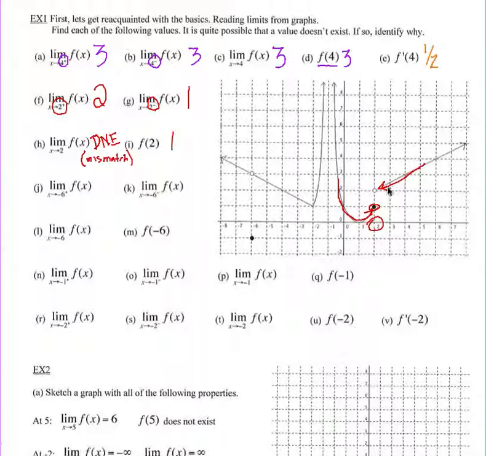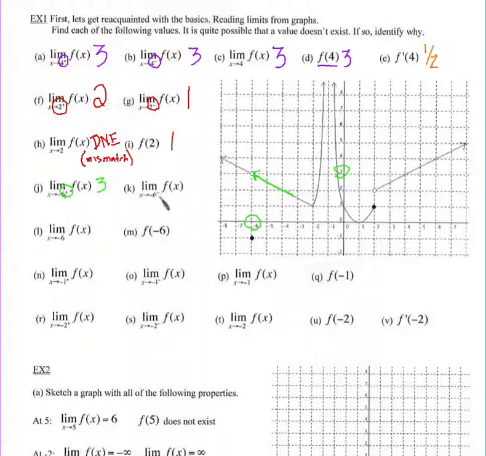Right? Next set of limits. We're going to look now at what's going on at -6. Right? So right here. And as we come at -6 from the right hand side, we come this way. You see we are approaching a value of 3.